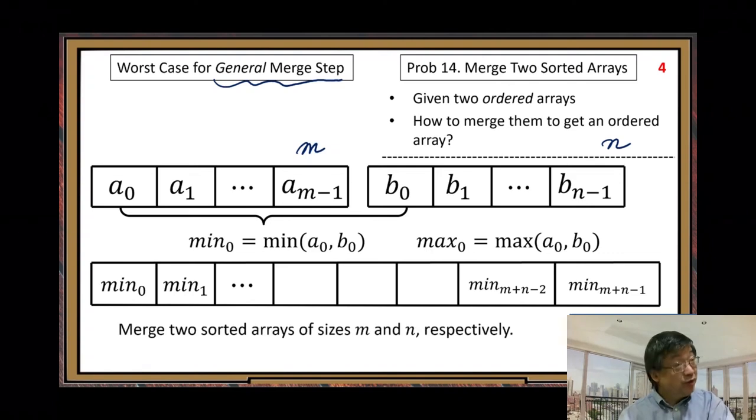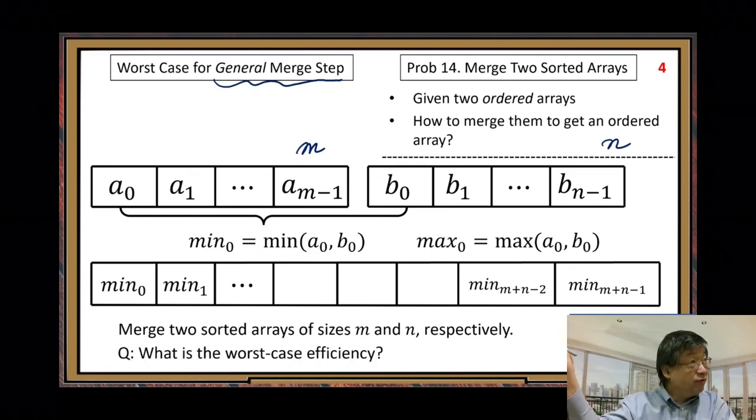That's pretty straightforward. Still the same procedure. Every comparison results in one element in place, except the last element, right? So if you have that case happen, then the number of comparisons is still the same: the total number of elements minus 1.